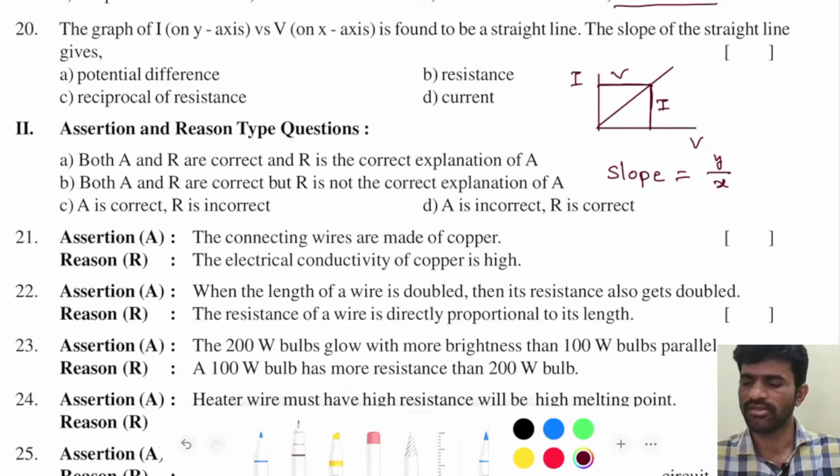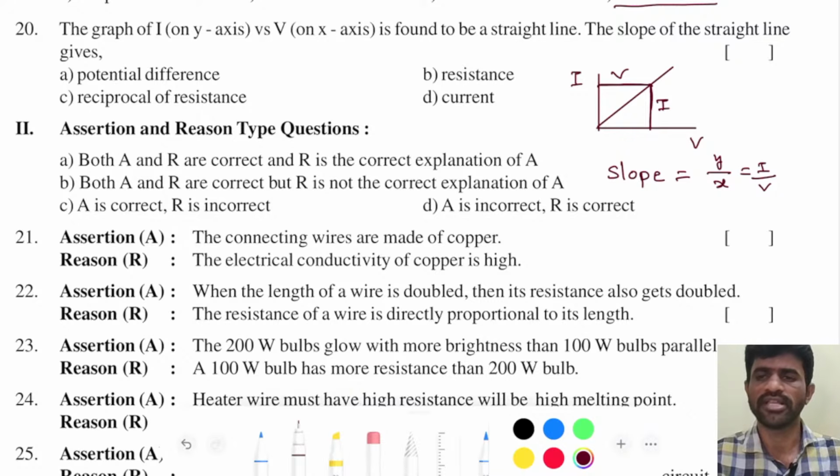Here it is I by V. We know V by I is resistance, so I by V is the reciprocal of resistance. So option C is correct.